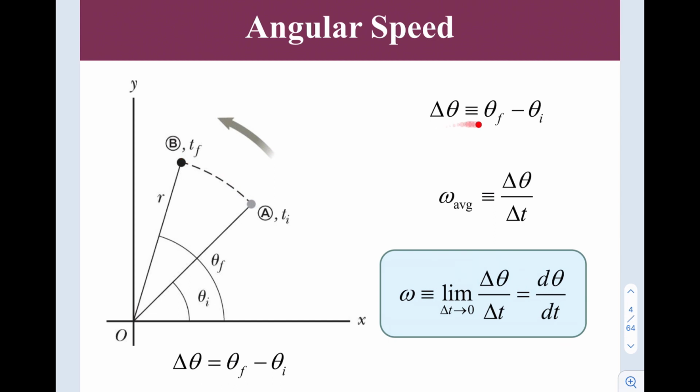The object is displaced in terms of angular displacement to point B, where now it has theta final from the reference line. So from point A to point B, the change in angular position is theta final minus theta initial. At any instant, the object still has position r from the origin or axis of rotation.